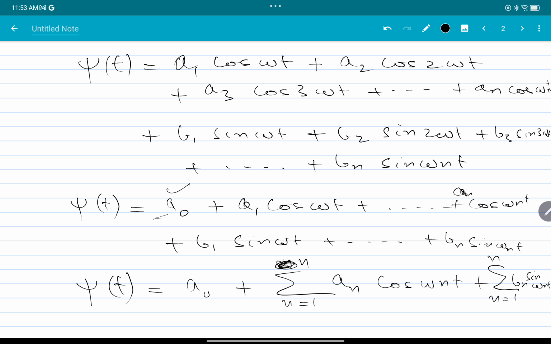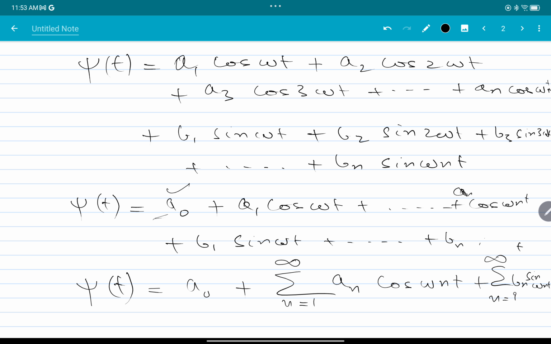Having said this, this n can go to infinity, and so is the case with both of them. This is a series, and it can have infinite terms in general.